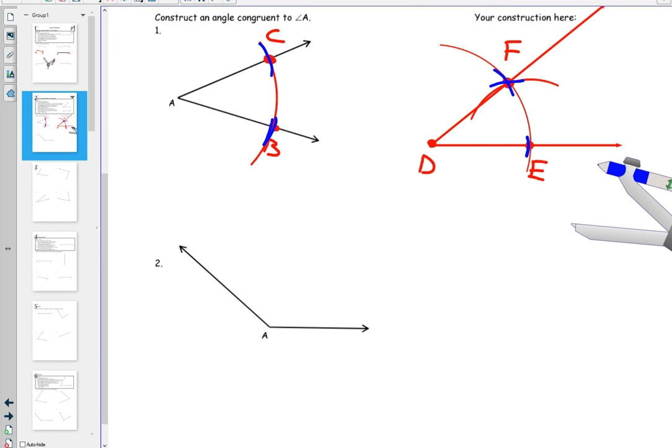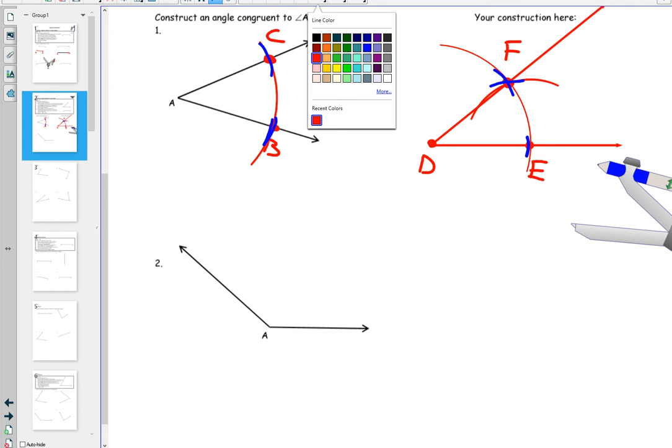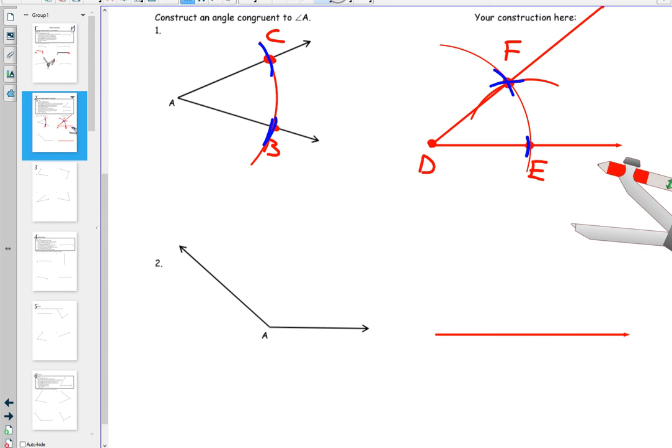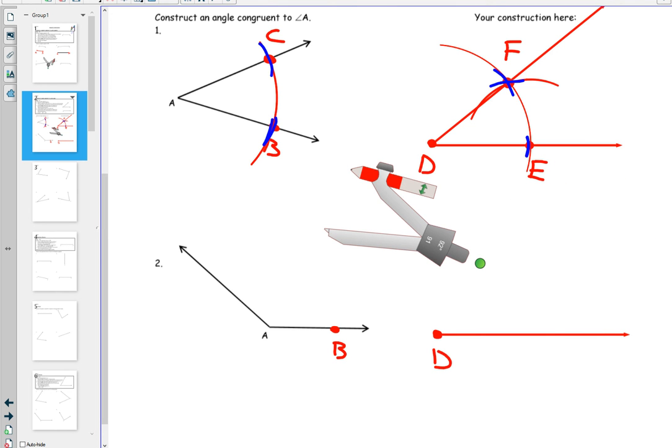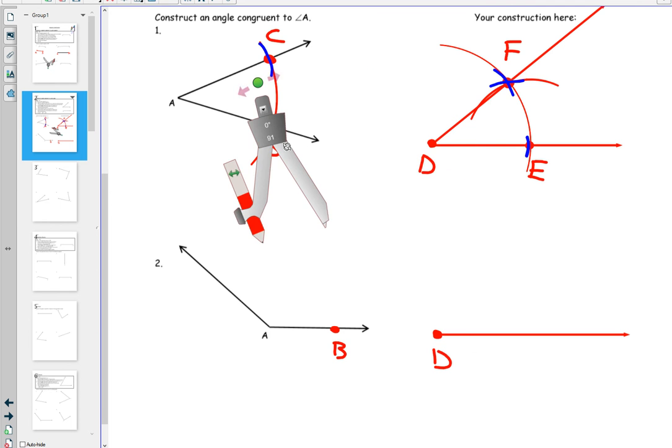As you're doing that, I will also go ahead and demonstrate. Let's get a ray going. We'll call the vertex D. Then I'll pick a point here and call it B, just like I did before, and bring my compass over and measure the distance between the A and that B that I placed on the ray.